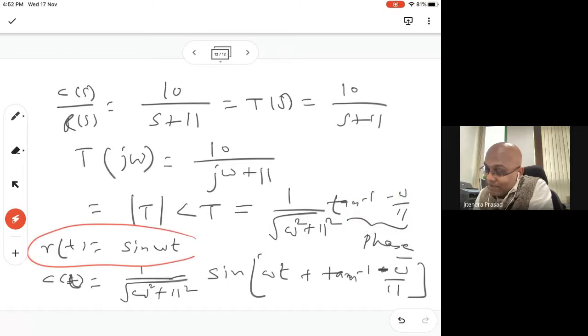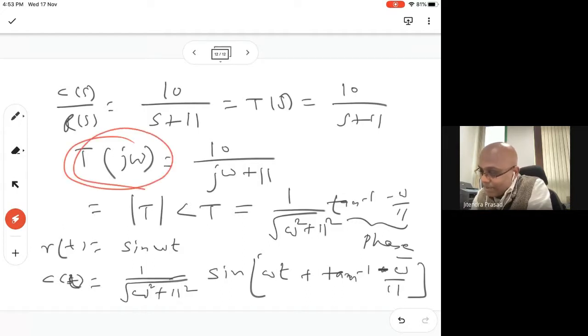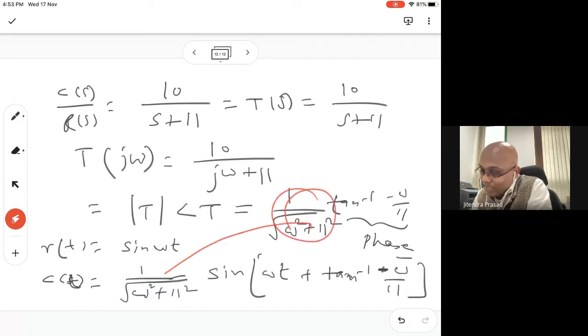If the reference signal r(t) is sine omega t, and T(j omega) gives me this, then we can interpret that the output will be 1 over root omega square plus 11 square times sine, coming from here.